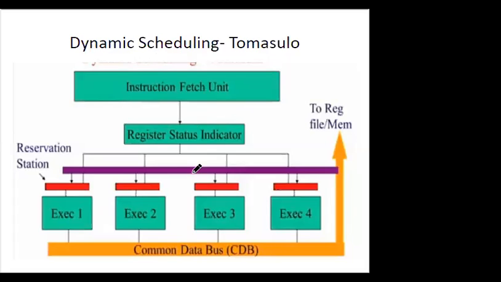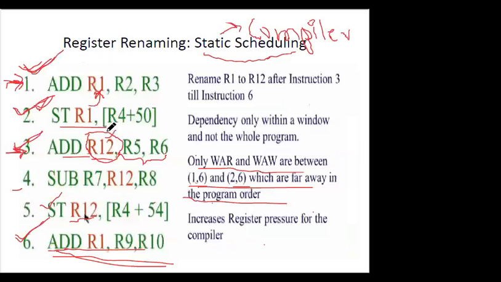One more thing has to be discussed in this case: static scheduling was static because that was being done by the compiler. The compiler does not do that scheduling during the execution of the program. Just before executing the program, it processes all the instructions, then executes them simultaneously.